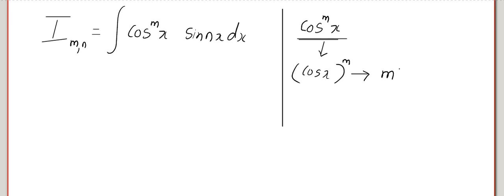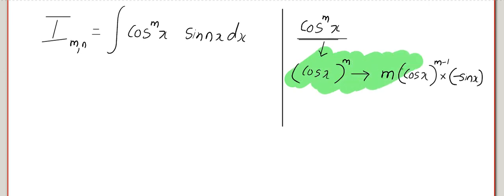So the answer becomes m into the same thing the whole power m minus 1, times the derivative of cos x, that is minus sin x. So remember, this is how we differentiate cos x the whole power m.